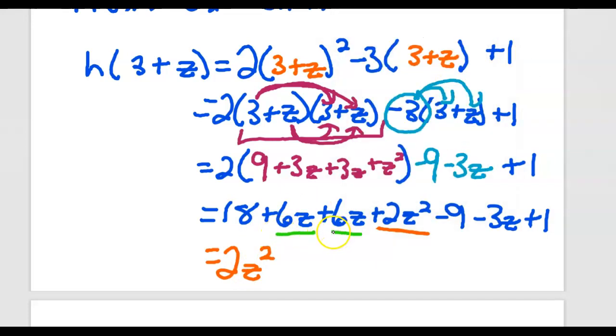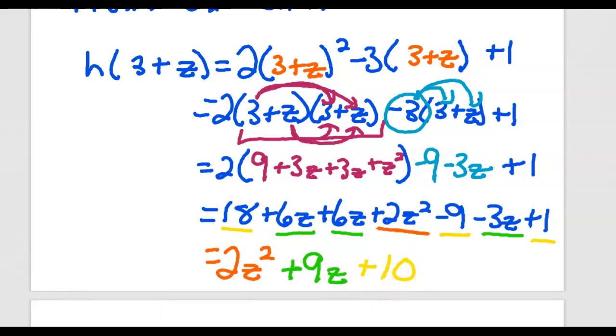I have a 6z plus a 6z, which would give me 12z, minus 3z, which would give me what? 6z plus 6z is 12z minus 3z would be a plus 9z. And then I'm going to go to my constants. So 18 minus 9 gives me 9, plus 1 would give me a plus 10.